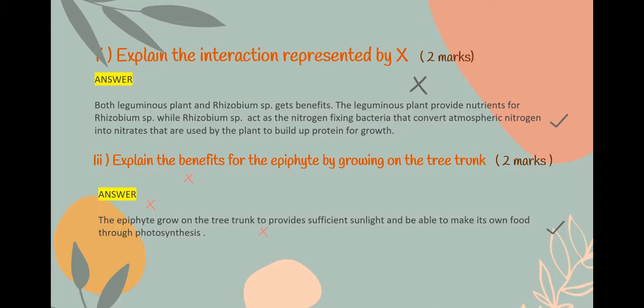Next question: explain the benefits for the epiphyte by growing on the tree trunk. The answer is the epiphyte grows on the tree trunk to get sufficient sunlight and be able to make its own food through photosynthesis. Here you can get 2 marks and 2 marks.